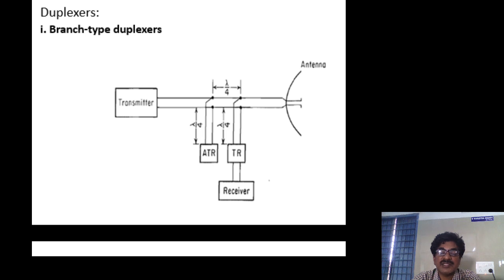Now, how will this arrangement provide isolation between transmitter and receiver? During transmission both the tubes, ATR and TR, get ionized so that they act as a short circuit. When they are short circuited, no transmitted pulse enters the receiver.